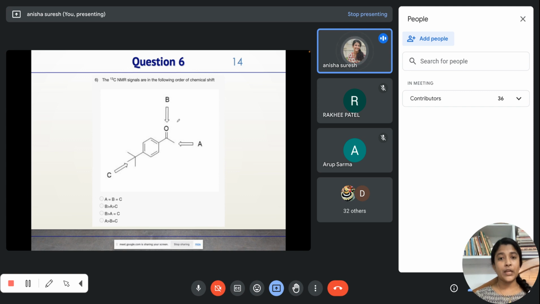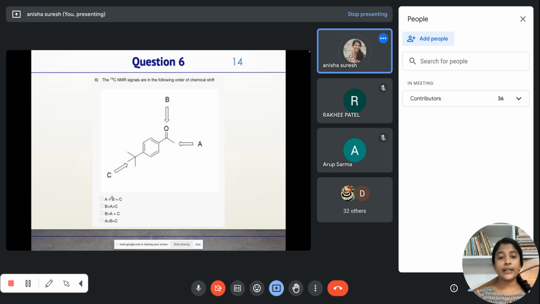This is the molecule. They have labeled three carbons. This has carbon A, this has carbon B, and this has carbon C. So we have to find the order of the chemical shift, and they have given four options.